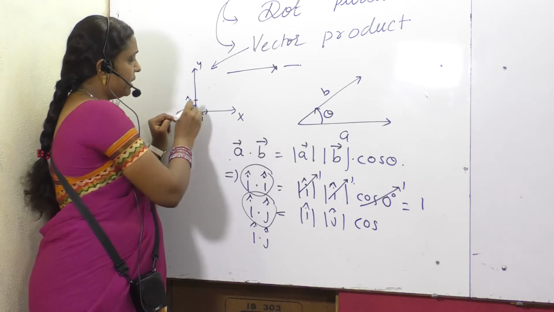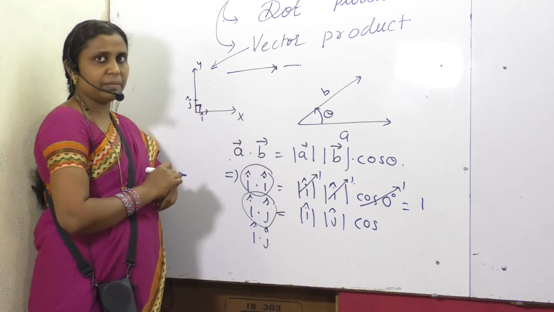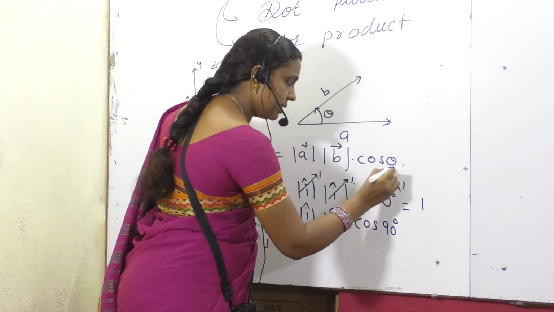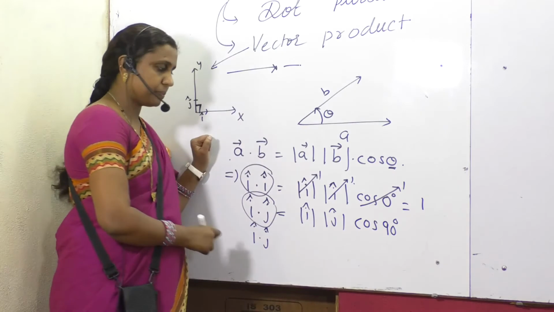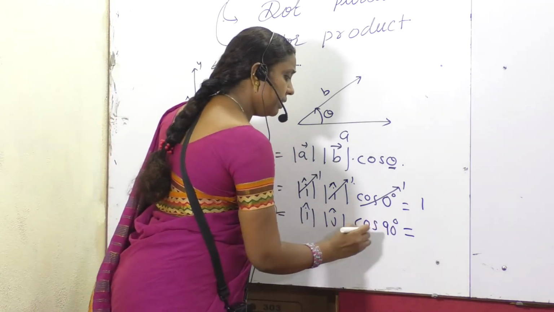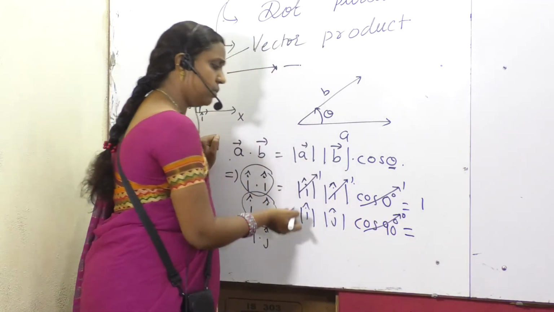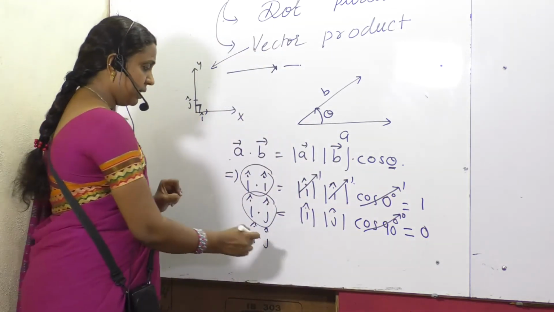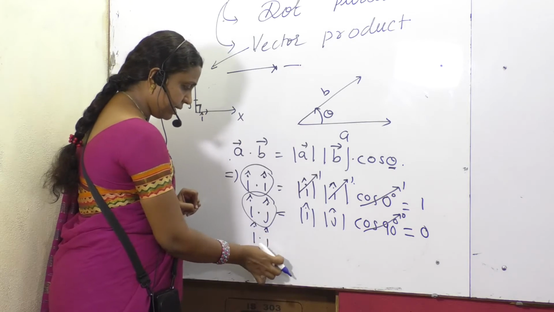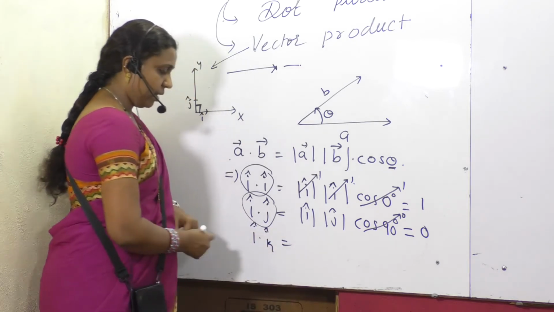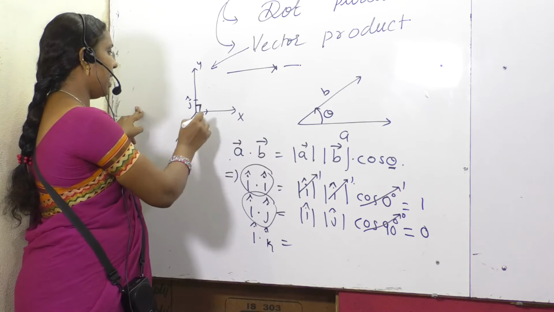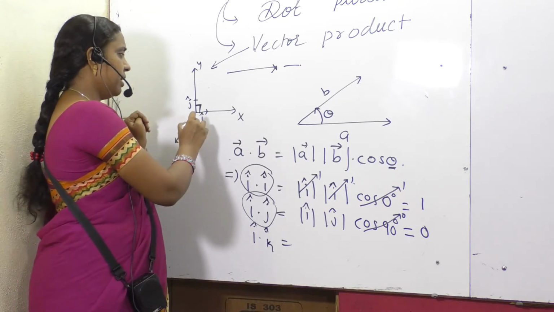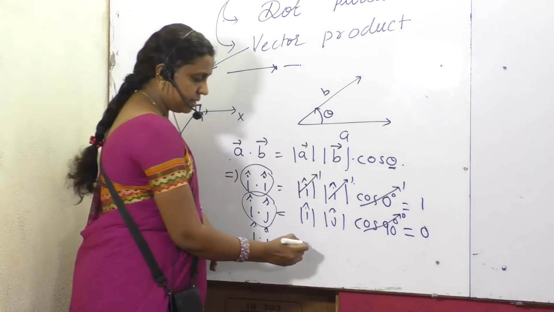And the angle between these two will be 90 degrees. So theta is equal to 90 degrees, cos 90 is 0, and 0 into anything vanishes, so you get 0. Similarly, i dot k: with i and k, the direction with respect to the z-axis, here also the angle will be 90 degrees and this will be 0.